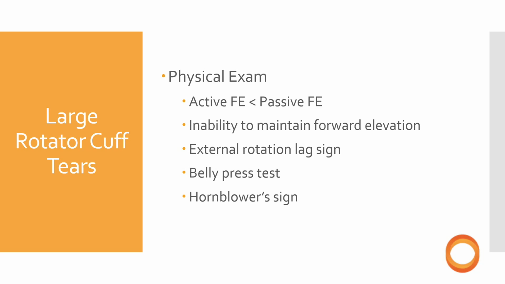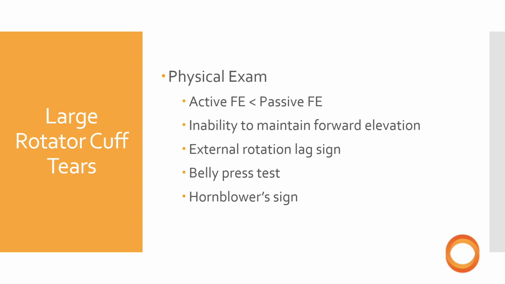When people have these large, massive rotator cuff tears, the active forward elevation is likely going to be less than their passive forward elevation. You'll be able to get them to lift here, and then they're able to lift higher with assistance. To me, it's helpful to know if they're able to maintain that on their own.